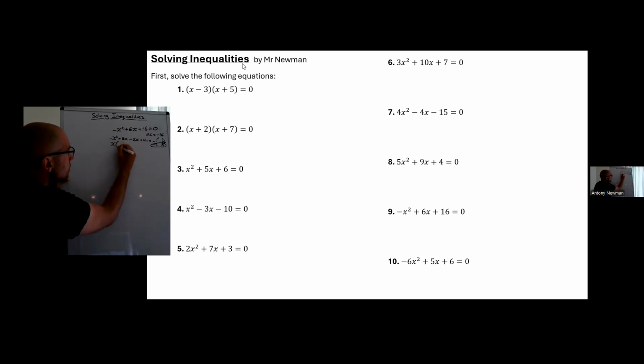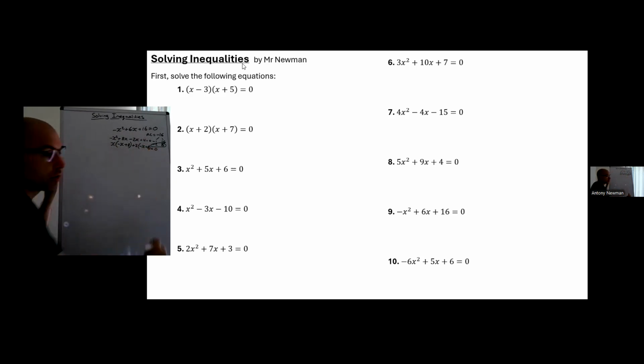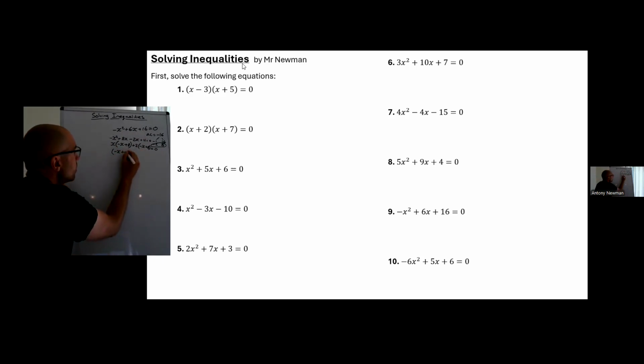Okay. And then both of these. Okay. And the good thing is these are both the same. So bracket 1, bracket 2.